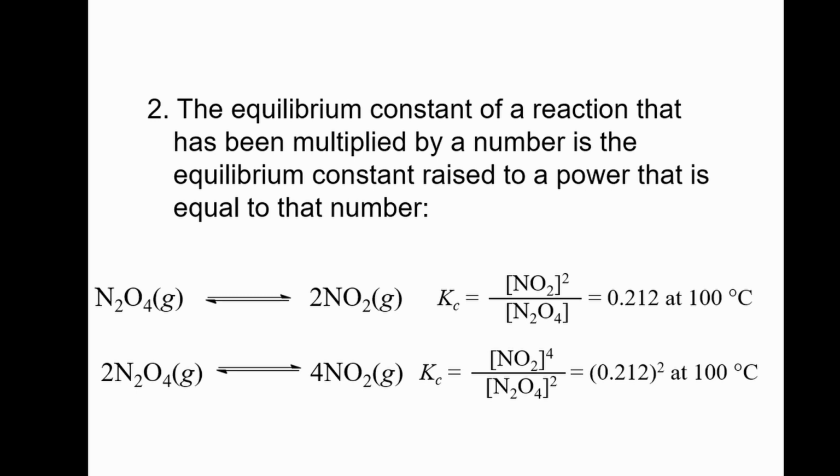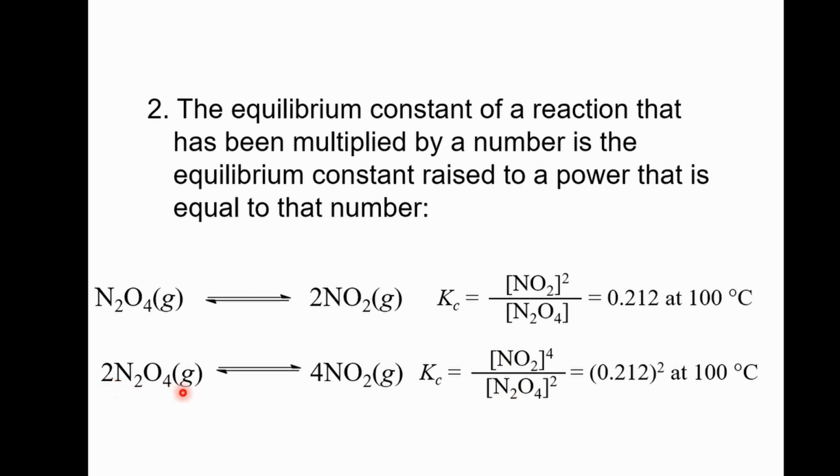We say the equilibrium constant of a reaction that has been multiplied by a number now is going to be the equilibrium constant raised to that power. So here's our original equation we looked at. Now for whatever reason I multiply by 2. There's a 1 here, so this becomes a 2. 2 times 2 is 4. And once again, if I imagine I got this flask in front of me that's at equilibrium, the concentrations are what they are.